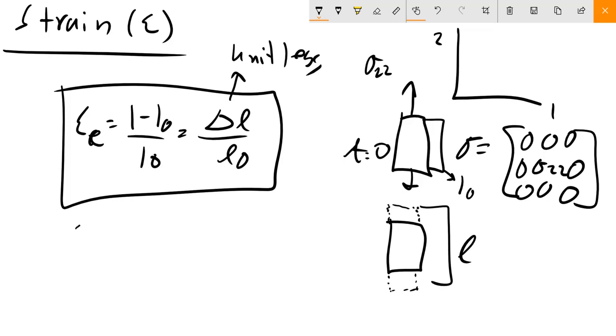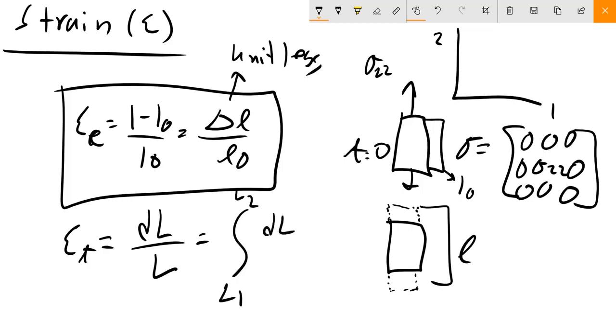Now, you can also have true strain. Just like we had the instantaneous area, true strain would be essentially dl over L. You could calculate the true strain by taking this integral from L1 to L2 of dl over L, and you'd find that this is approximately the natural log of L2 over L1.